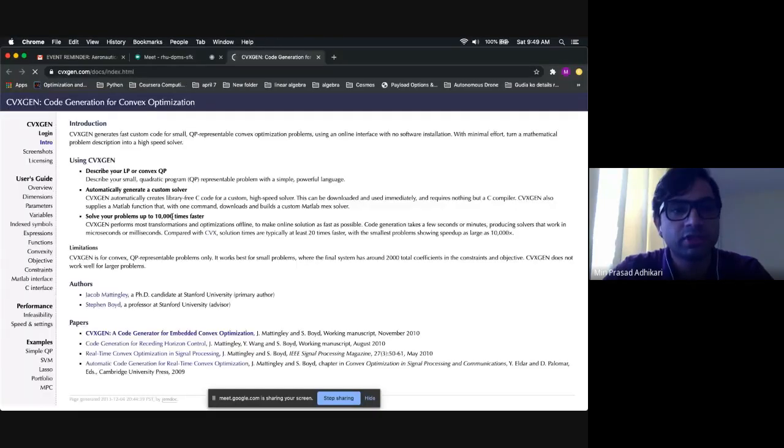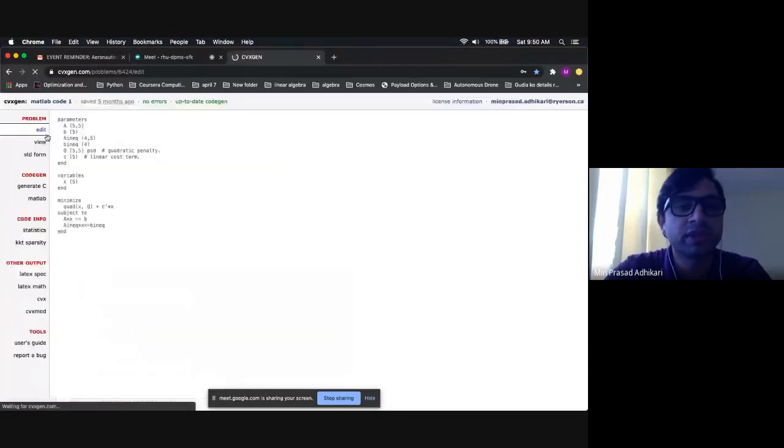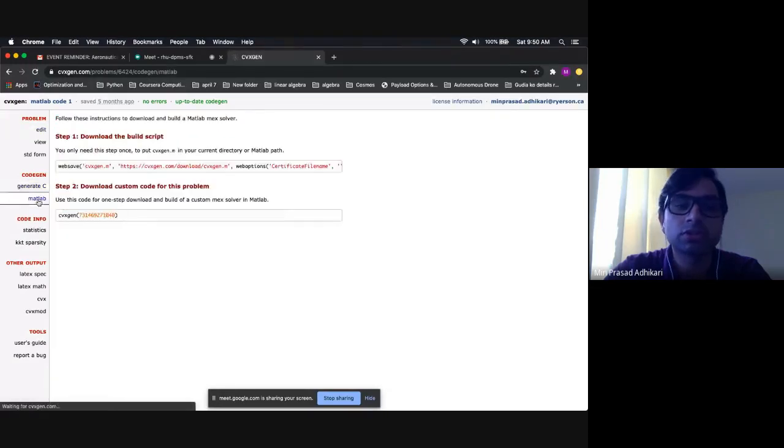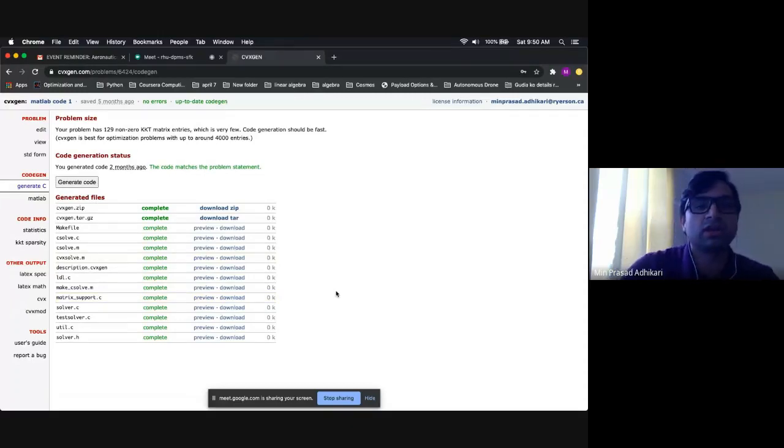Let me open this up. So CVXGN is one good example. There are a lot of others, but this is one where you can make an account, log in, and generate your own custom solver. Let's say you log in, and then you can generate C code or MATLAB code, whatever you want, and you can try this in an embedded system as well, I guess. This is one good example if you want to try.